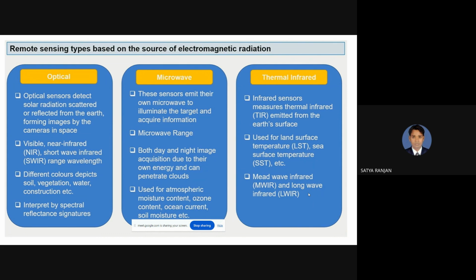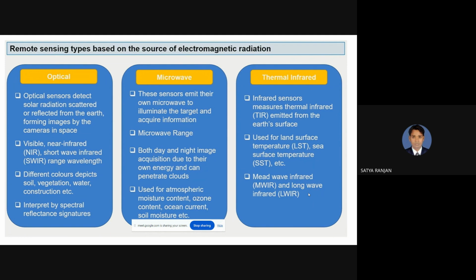Then after that there is the microwave range. In microwave remote sensing, the sensors emit their own microwave signal to illuminate the target and acquire information without the help of sunlight. So it works day and night.